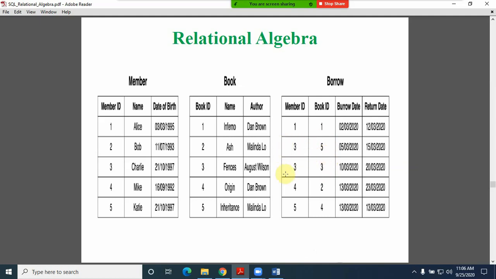So Charlie borrowed two books, 3 and 5. Similarly Mike borrowed only one book, 2. So the output must be 5 3 2, because Charlie borrowed two books and Mike borrowed one, and anyhow we need the book IDs borrowed by these members. So 5 3 2 must be the answer.